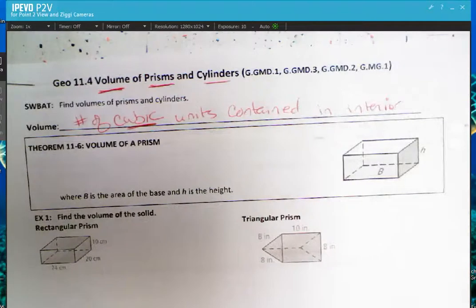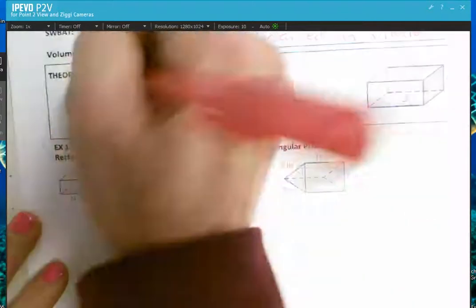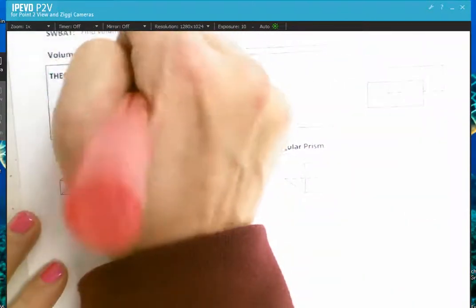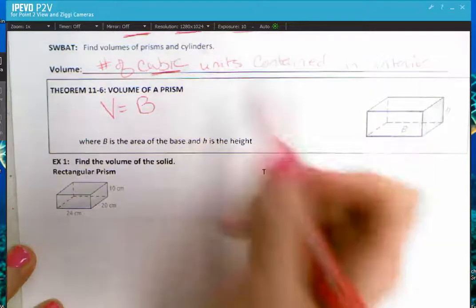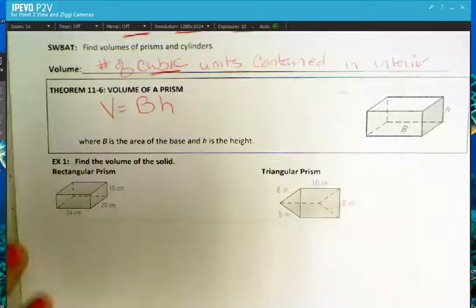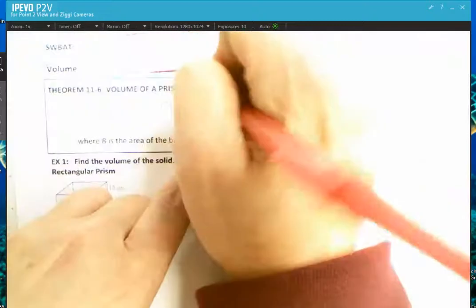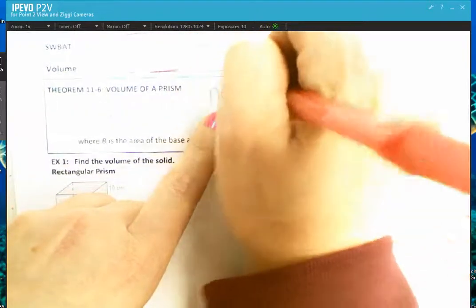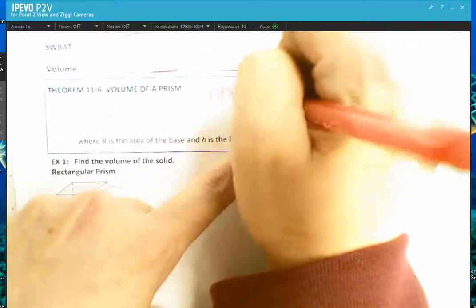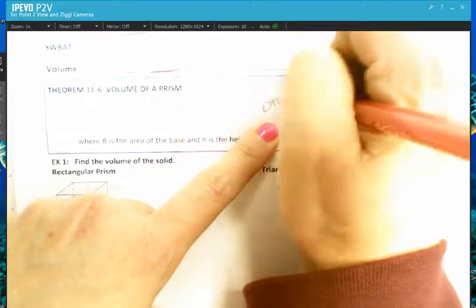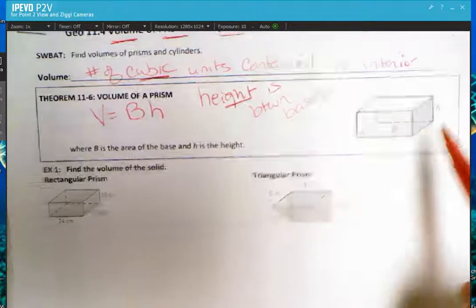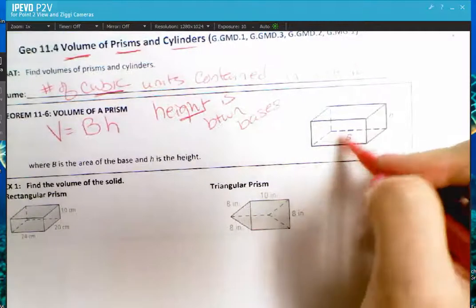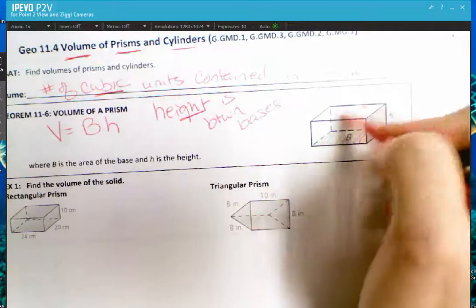So when we look at the volume, it's really just the entire base area multiplied by how high each of those figures go. So remember, height is between bases. What you need to do is get in the habit, as soon as you see the figure, of identifying your bases.